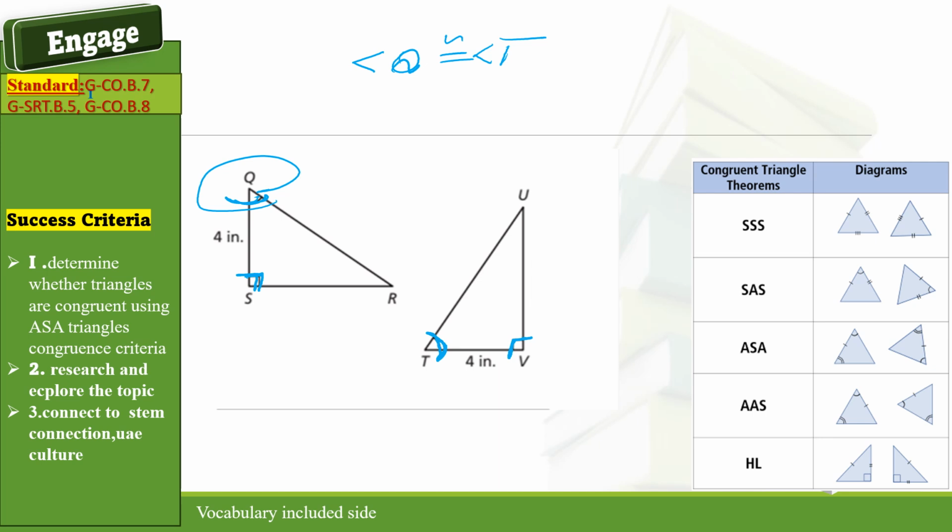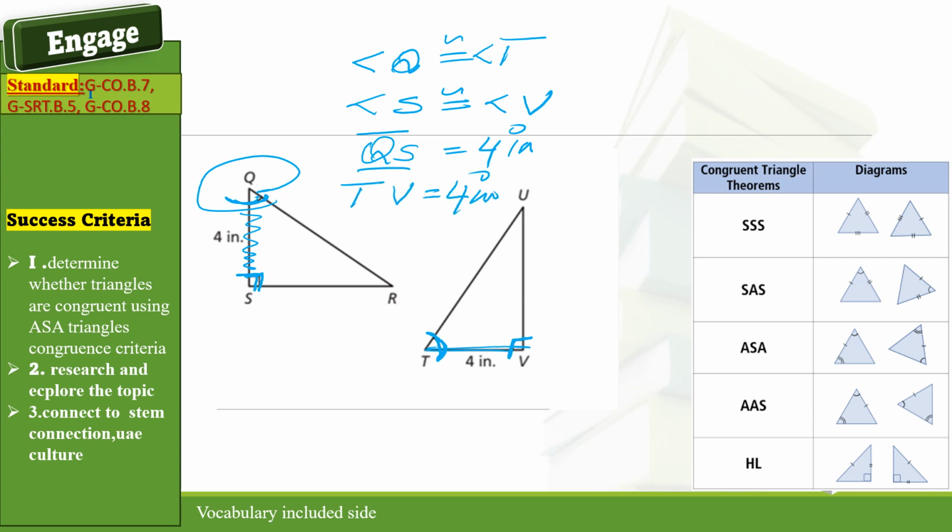So you can say that angle S is congruent to angle V. Now look at the included side. QS is the included side over here, which is equal to 4 inches. And the second one is TV, which is also equal to 4 inches.